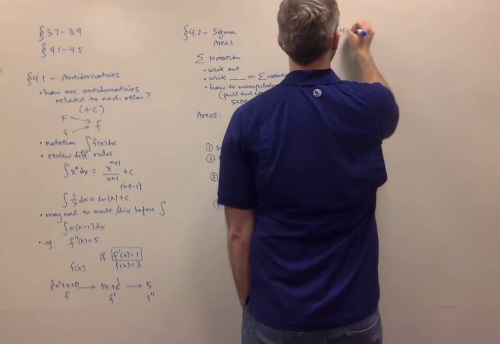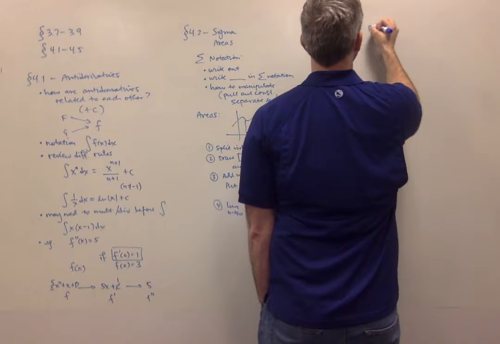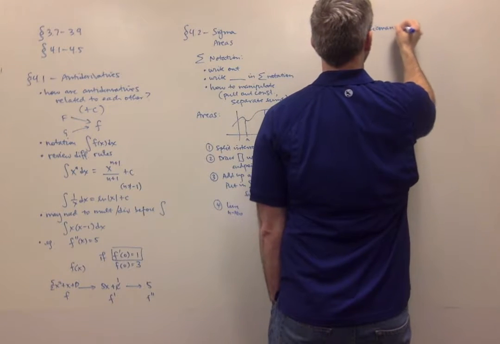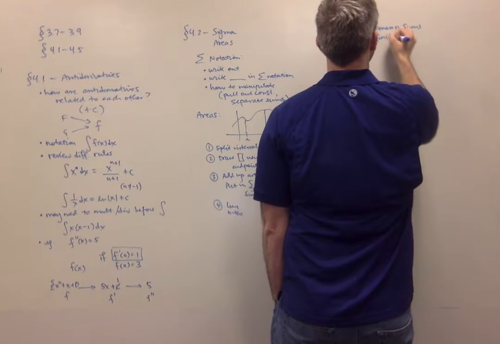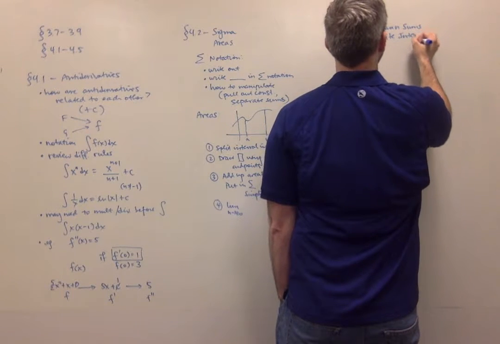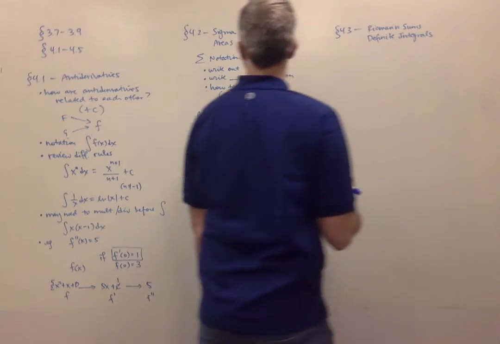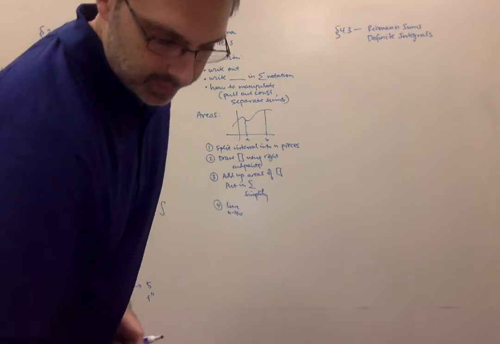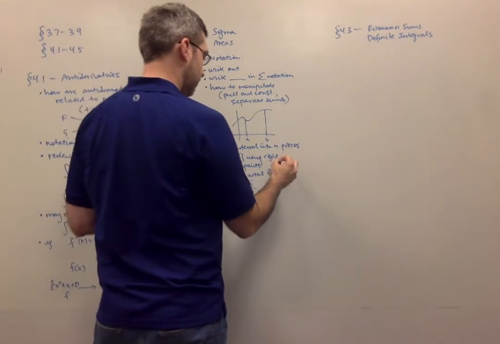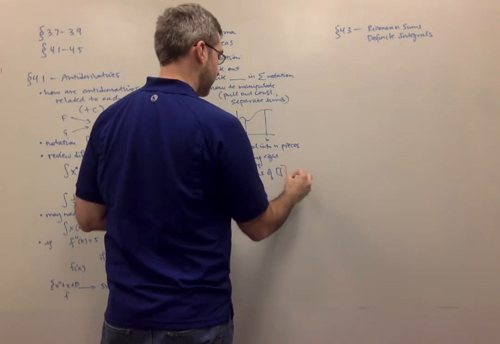All right. Section 4.3 then is Riemann sums, which is basically the same thing, and definite integrals. The areas of the rectangles, this piece right here, is a Riemann sum.